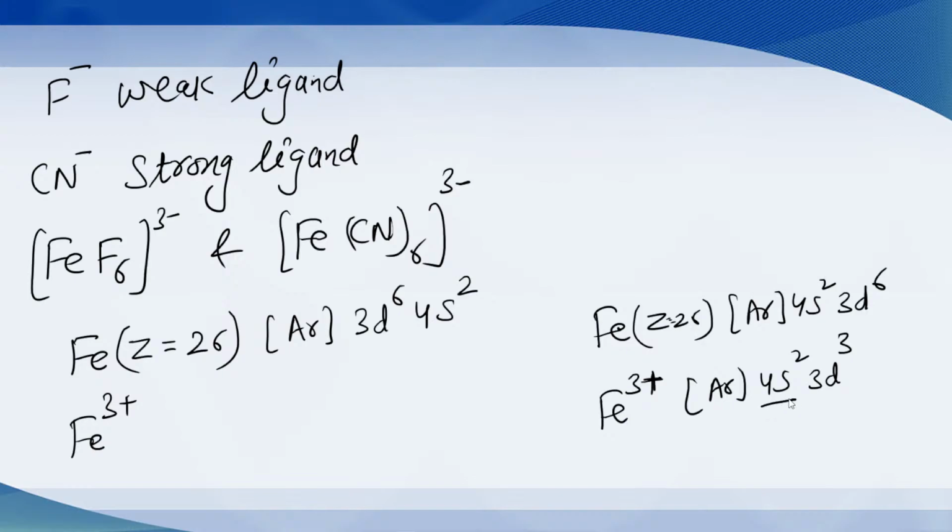So keep in mind, whenever 3 electrons are removed, they should be removed from 4s first and then from 3d. So 2 electrons are removed first from 4s and 1 electron is removed from 3d. That other way is a wrong exercise. So in case of Fe3 plus, it is 3d5.